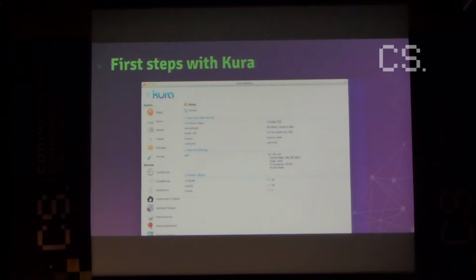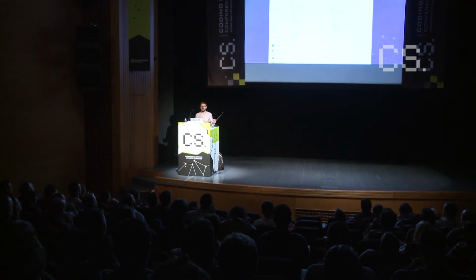So when you install Kura on your device, it actually comes with a nice UI, similar to some extent to what you would find on your DSL gateway or on your OpenWRT router. It's a complete interface for managing the device.